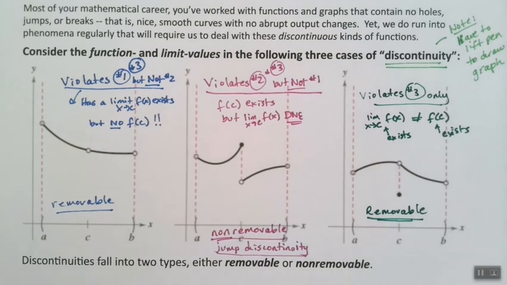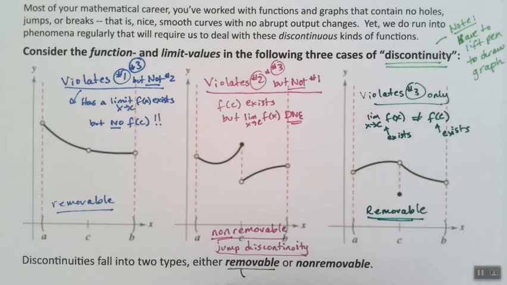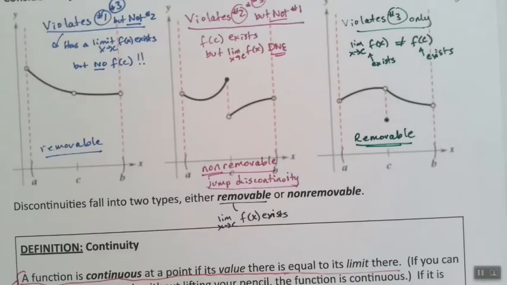So removable will mean essentially, for our purposes, that the limit exists. If the limit as x goes to c of f of x exists, then the discontinuity is removable. If it does not exist, then it is not removable. That's the big difference between the two. Oops, sorry, that's off screen.